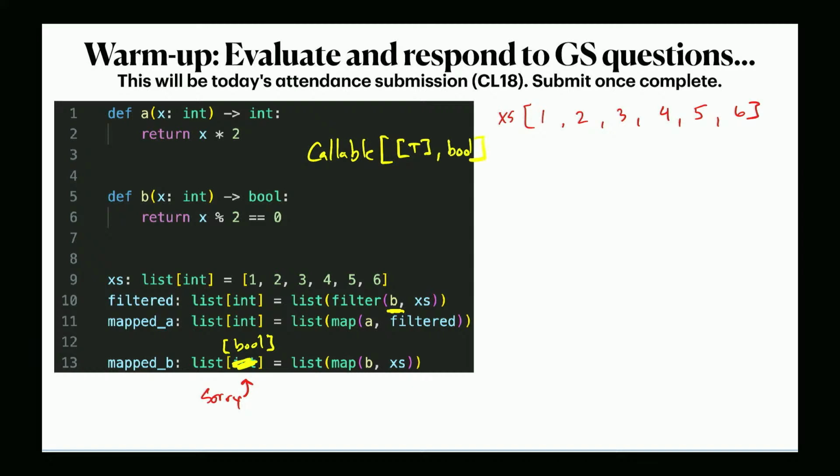All right? So a callable, if we have a list of integers, say here, we would expect T to be int, and so the callable that we would use for our predicate would be something where we give it an int and it returns back to us a bool. Well, B satisfies that callable interface, right? And so that's how we're able to make use of the B function in this particular example.